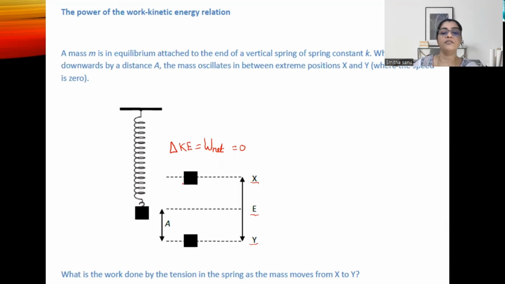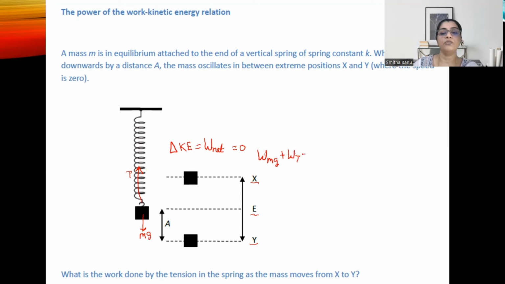Net work done is the work done by the force that is pointing downwards, which is the weight of the object. And there is another force along the spring, which is the tension. So can I split net work done as the work done by the weight plus the work done by the tension?